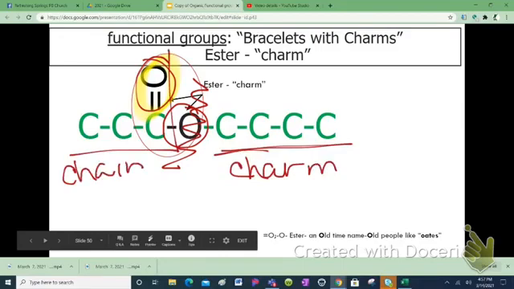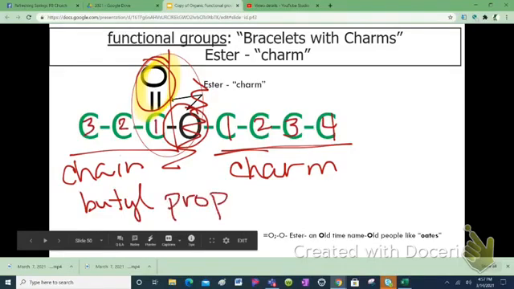So when we look at this, we name it like we always do, charm and then chain. This charm is butyl because there are 4 carbons, 1, 2, 3, 4. The other side has, we'll call this carbon 1 if you want to, 2, 3 carbons. So this is propane. We take the E off because we always do if there's only one, right?